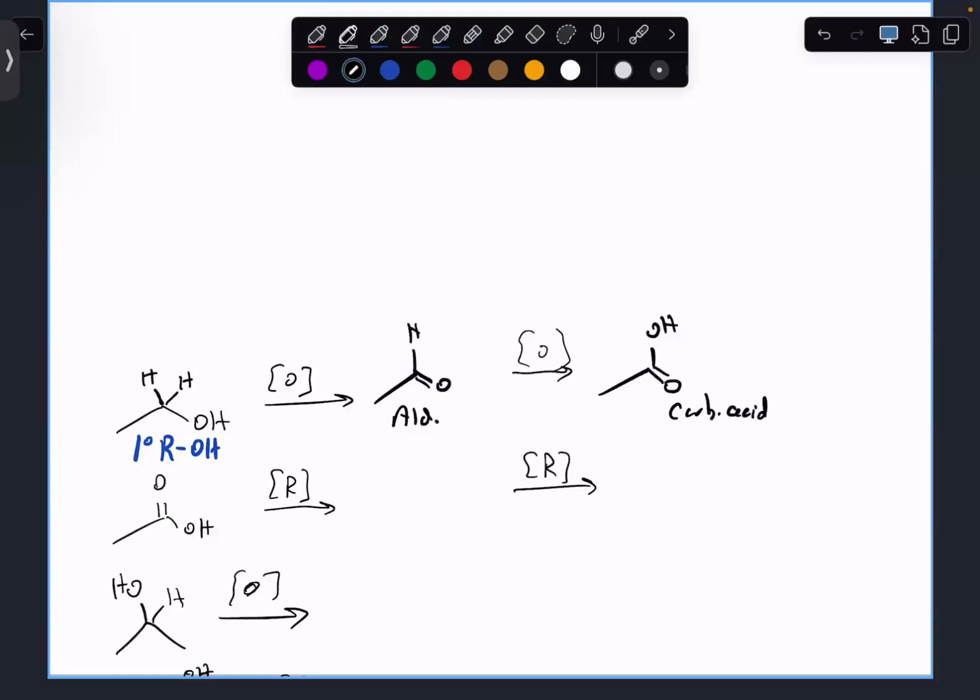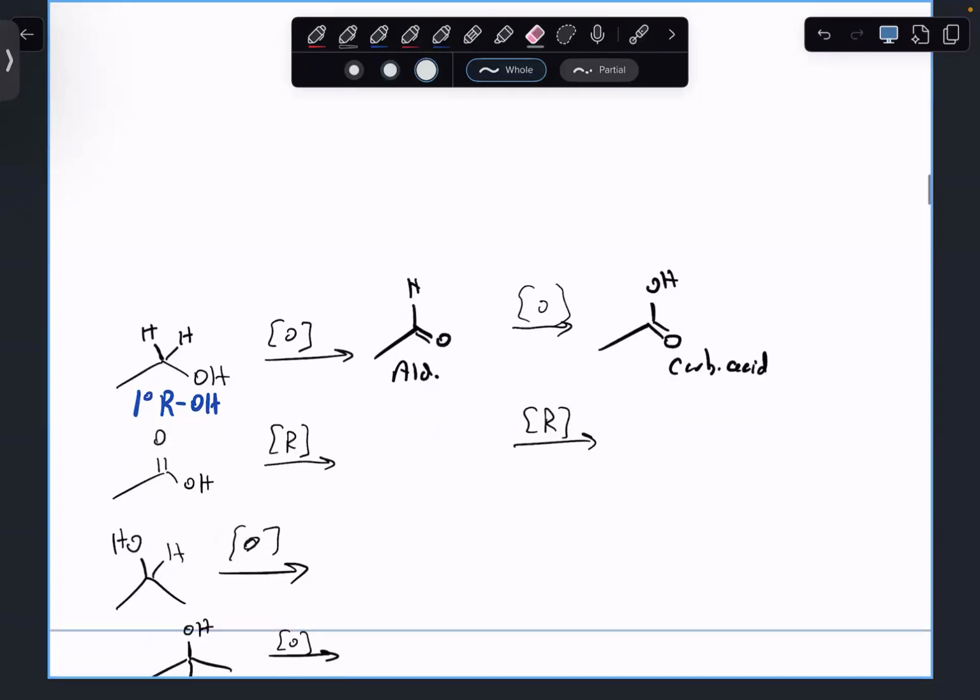Now, if you can go in one direction, you can also go in the opposite direction. This is something that's known as the principle of microscopic reversibility. If I can take a primary alcohol and oxidize it all the way up to the carboxylic acid, I must also be able to take a carboxylic acid and then reduce it down to the primary alcohol.